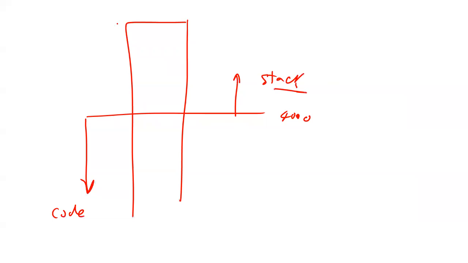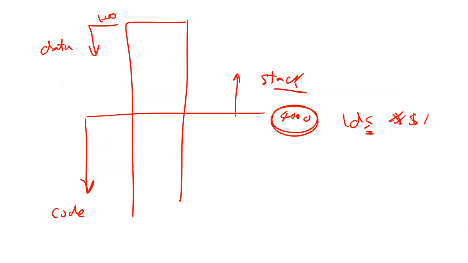And also, we're going to go this way for data, starting from 1,000. To do that, in the very beginning of your program, I have to initialize the stack pointer with 4,000. So I have to say load stack pointer with the number 4,000.